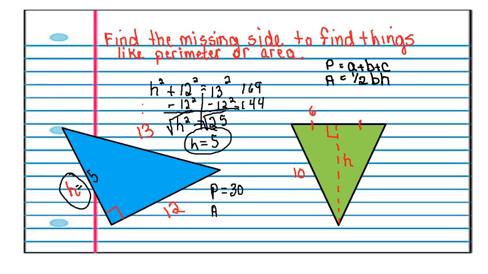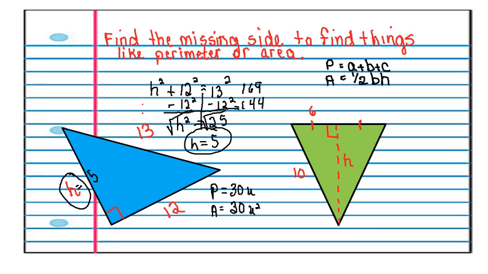And the area would equal 1/2 the base times the height, so 1/2 12, which is 6, times 5 is also 30. Isn't that neat? It ends up being the same thing. Doesn't always happen that way though. And the first one would be units and the second one would be units squared.